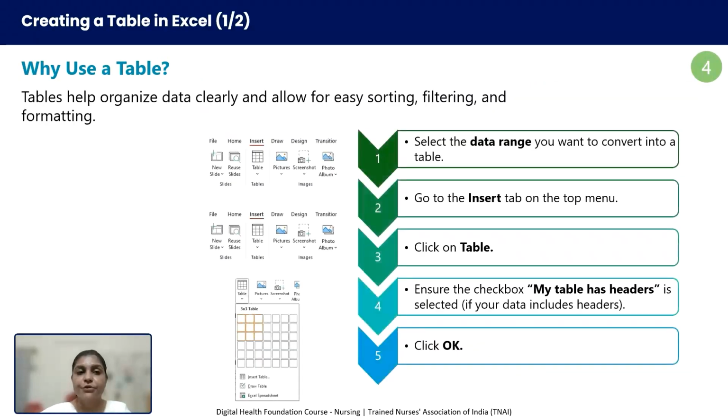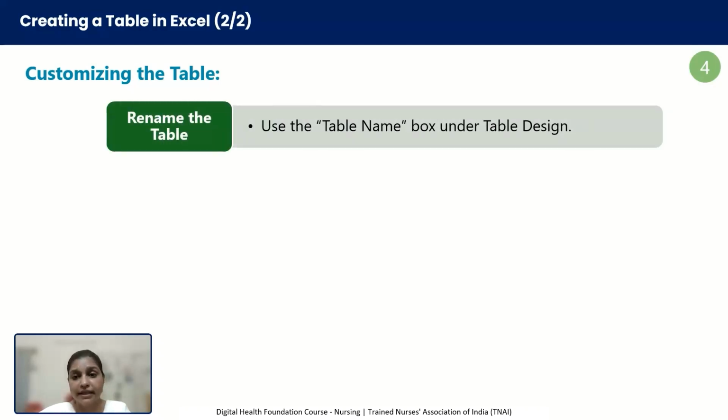You can also use Excel to create tables, which help organize data clearly and allow easy sorting, filtering, and formatting. Once your table is created, Excel provides simple ways to customize it. You can rename the table for easy reference using the Table Name box in the Table Design tab.